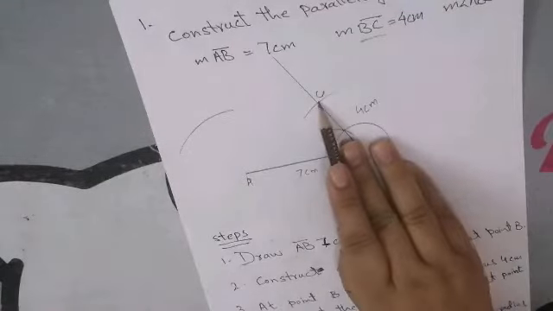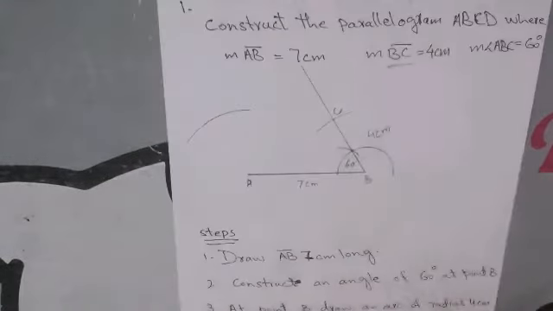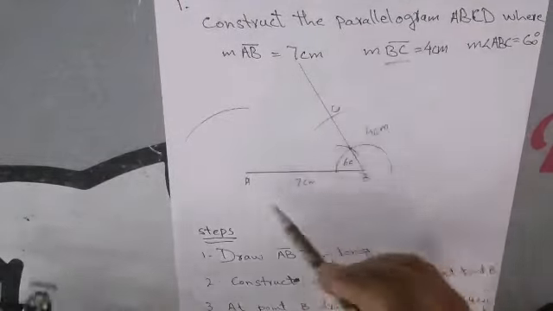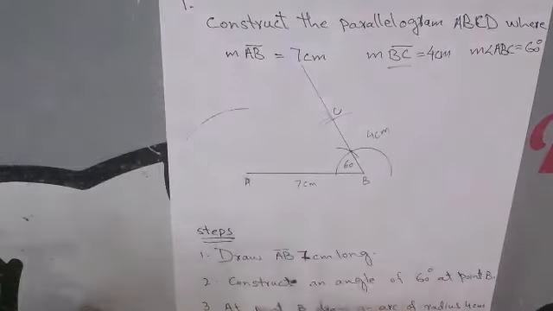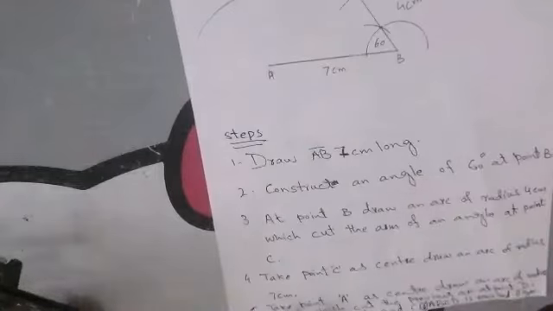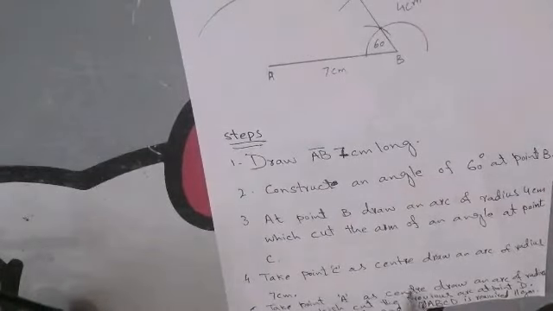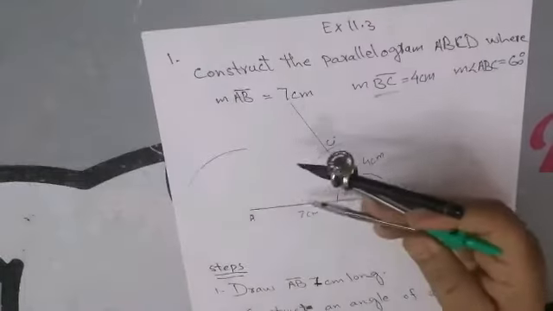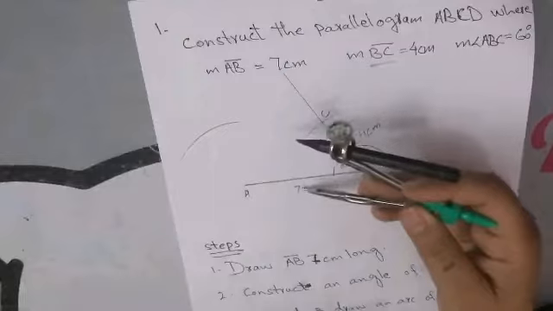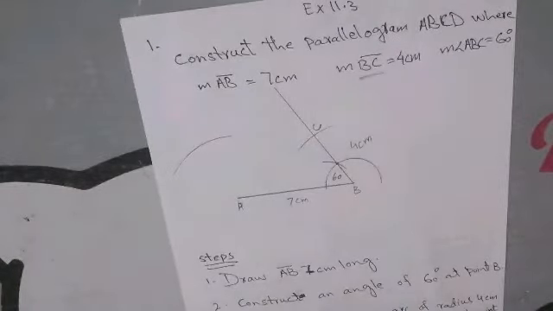Look at this point. Okay, then point C, we also take point A. Look, this fifth point. Take point A as center and draw an arc of radius 4 centimeter. From point C, look, opposite sides are equal in length. So this is 7 centimeter. Opposite side will also be 7 centimeter. So we open our compass 7 centimeter.